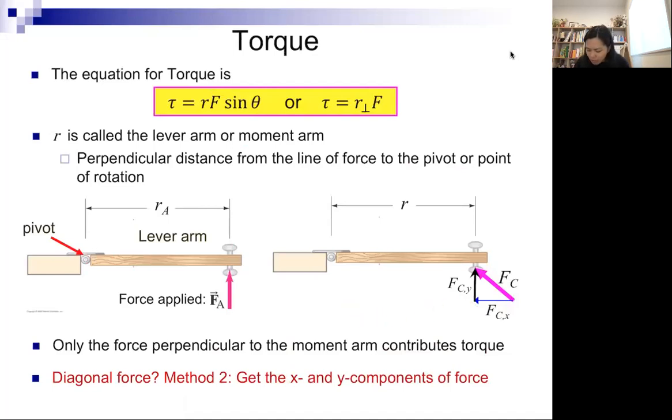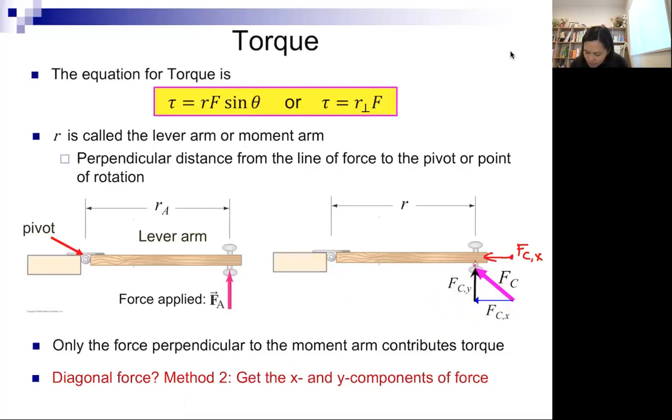If this is the horizontal component that I'll just copy up here, that's the FCX, the horizontal component of your diagonal force F. Notice how it goes directly through the pivot point, and therefore the horizontal component does not contribute to the torque, whereas the vertical or the Y component is exactly the same scenario as FA, right?